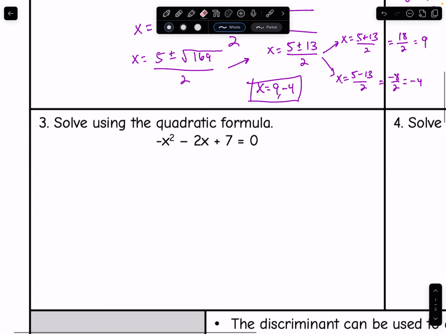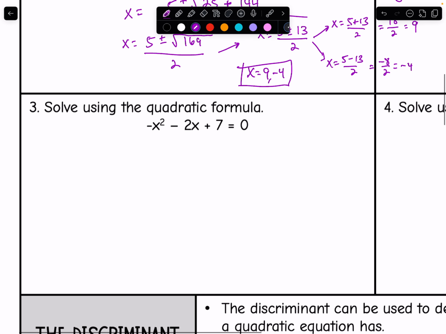All right, so number 3. This one is already set up where it's equal to 0. And then we can do our quadratic formula here. So I've got x equals negative b plus or minus the square root of b squared minus 4ac all over 2 times a.